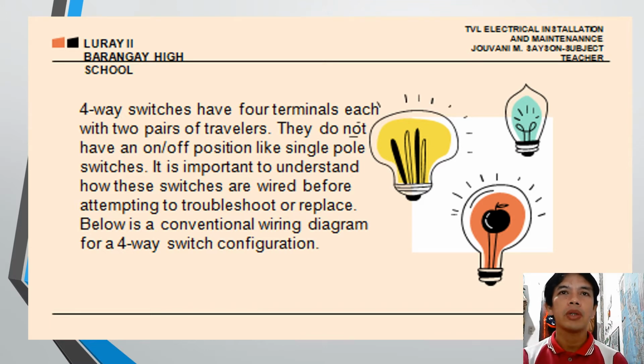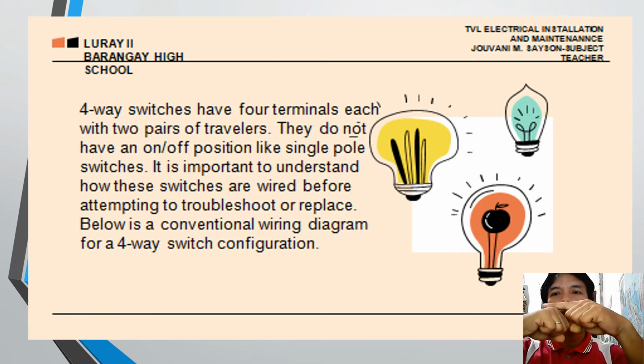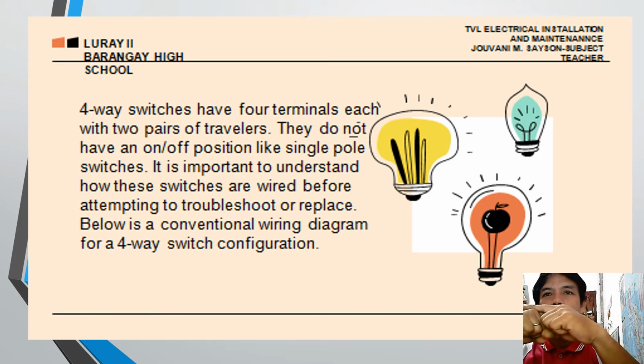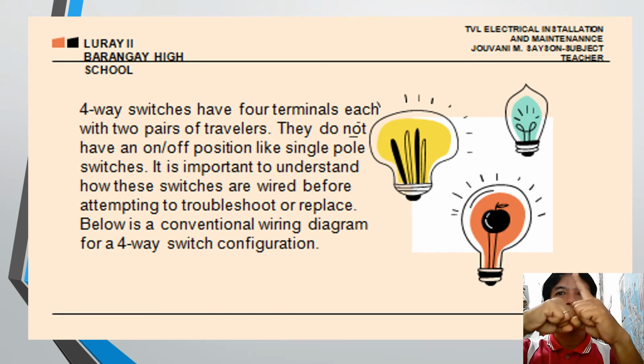So the 4-way switch has 4 terminals, unlike the single pole, which has an on and off. It has a contact that turns on, and when you switch off, the contact is lost.